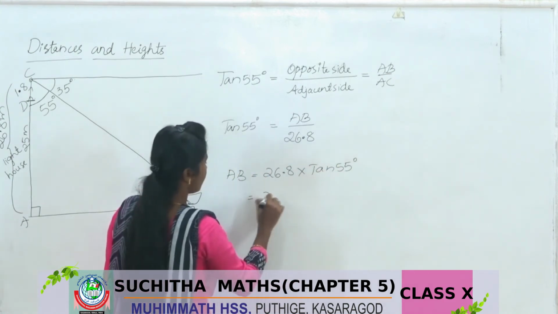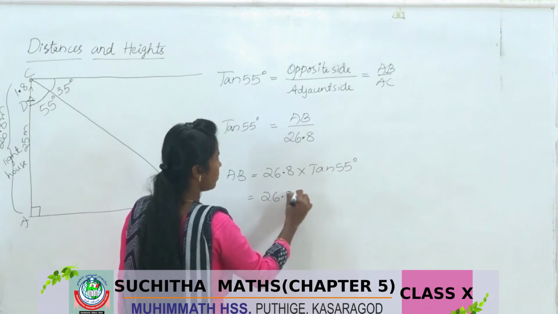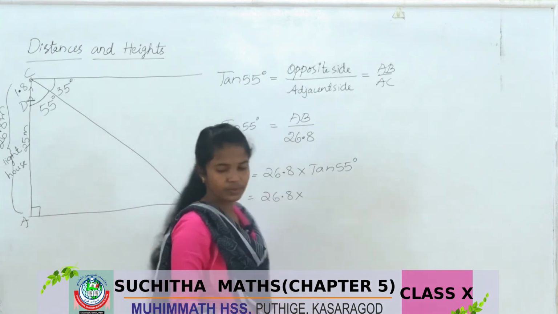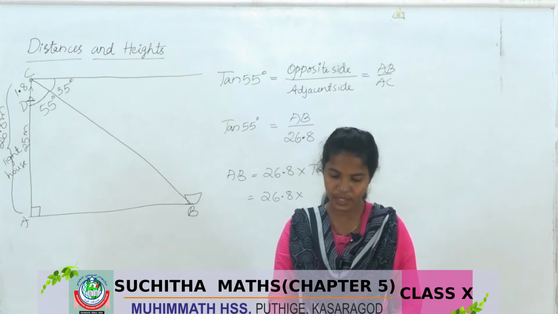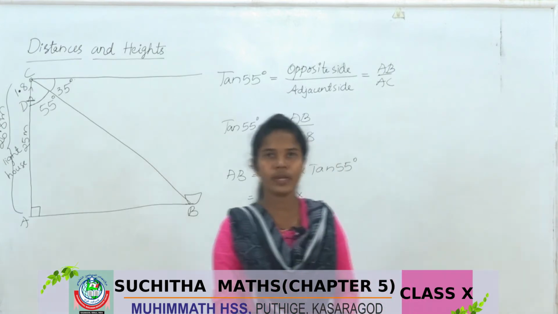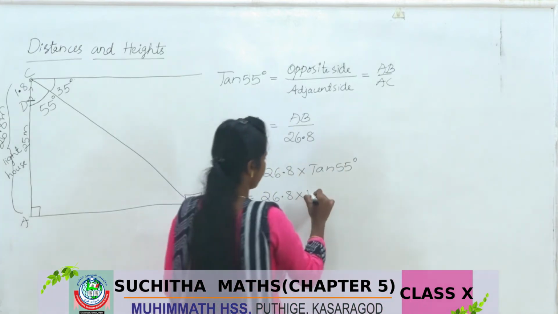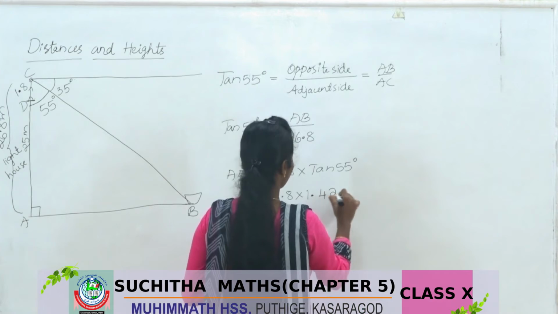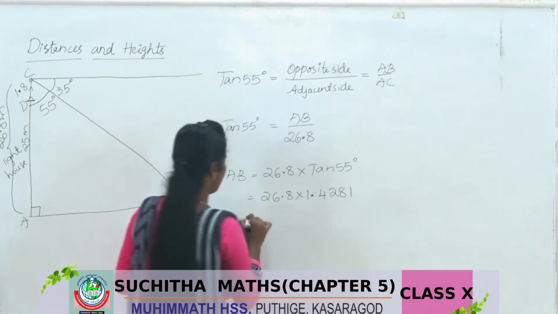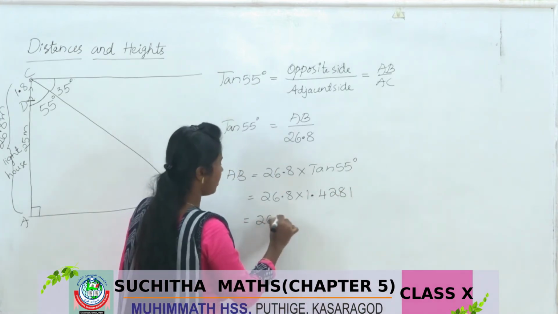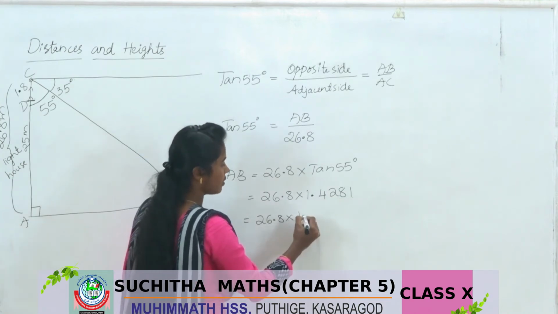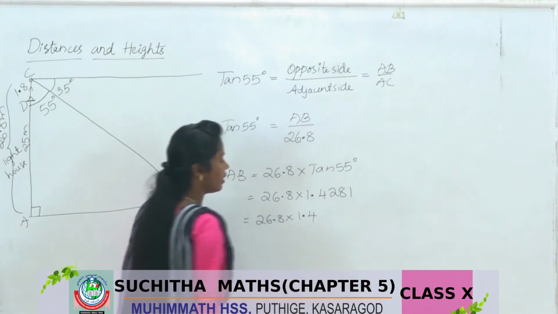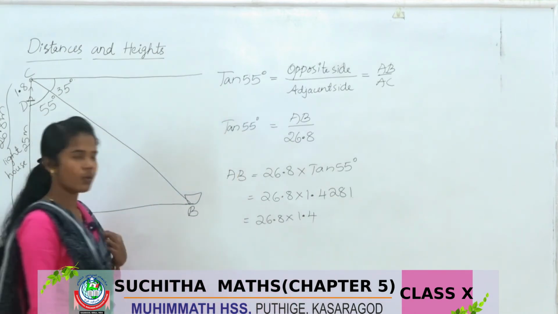That is 26.8 into, apply the value of tan 55. Tan 55 is 1.4281. That is 26.8 into 1.4281, which is approximately equal to 1.4.